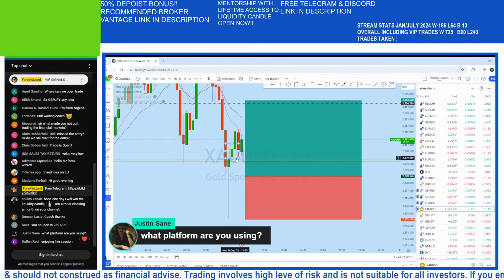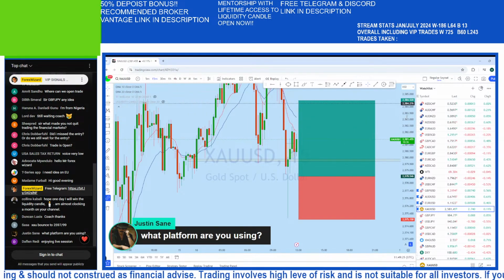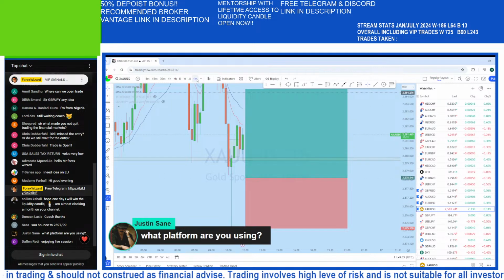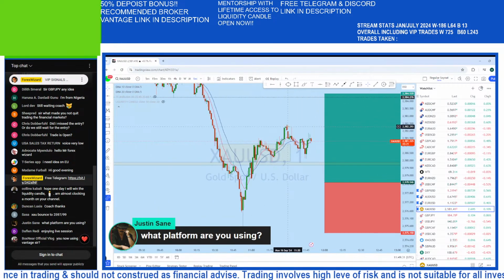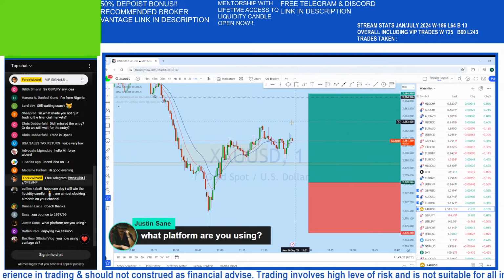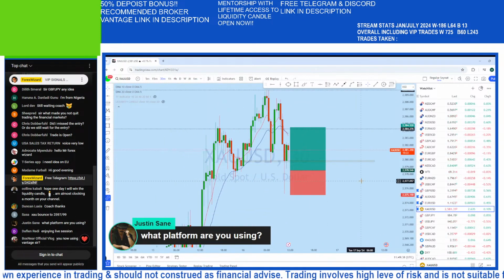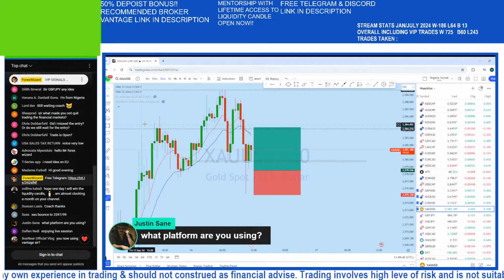You can see here a series of higher low formation in that area, and quite a few long wick candles in that zone. So we'll be waiting for a suitable entry opportunity.